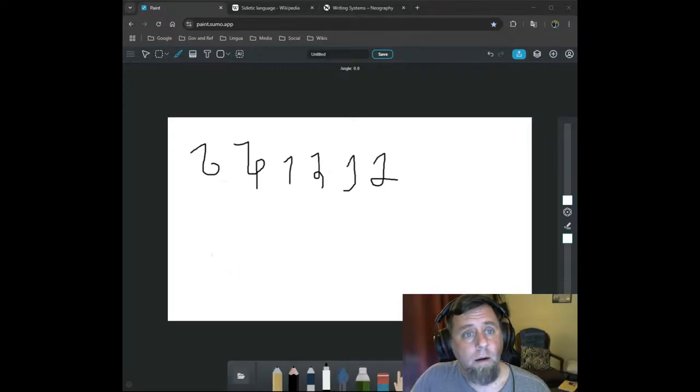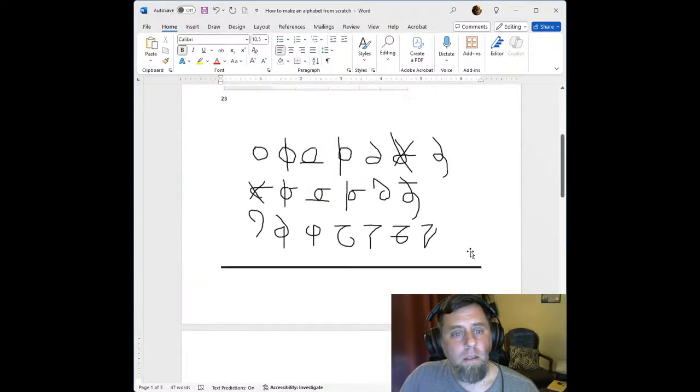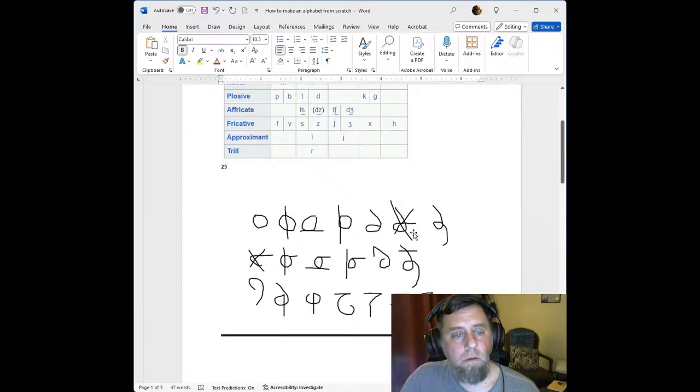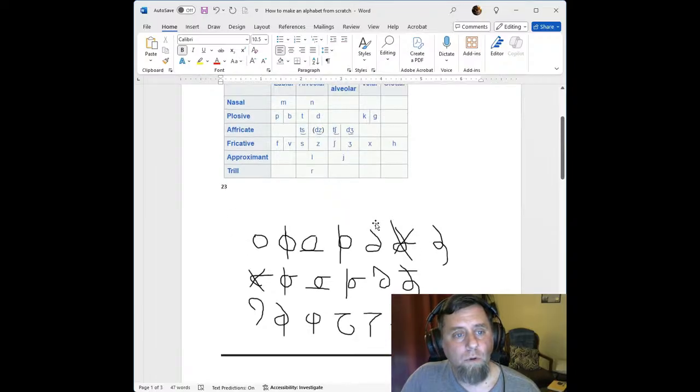Okay, now let's see if I can share the other. Okay, so here's our document. All right, and as you can see here, we've got our first 4 rows.